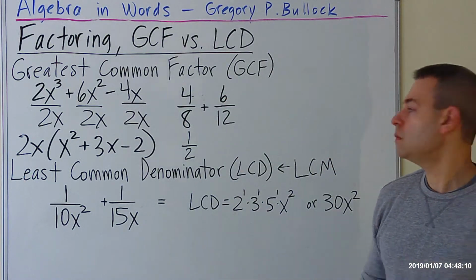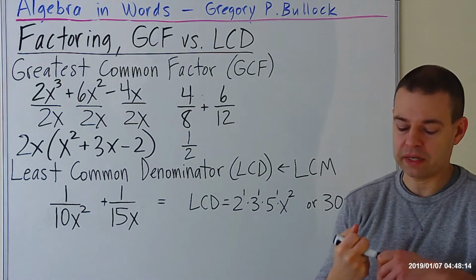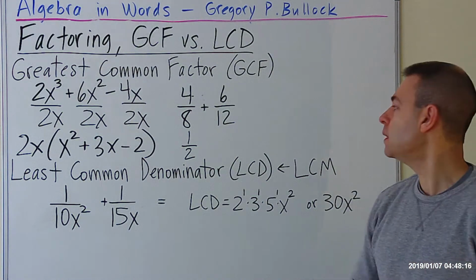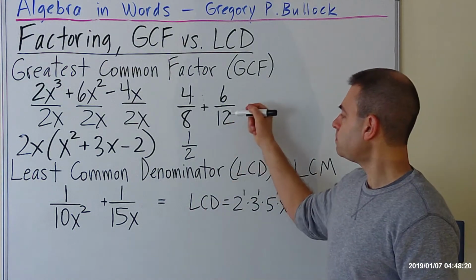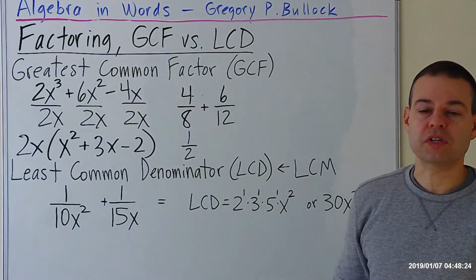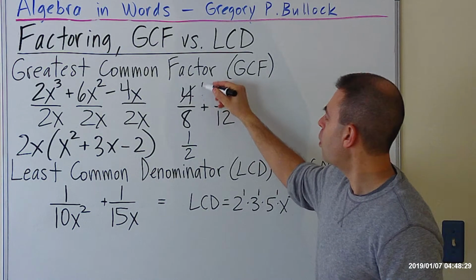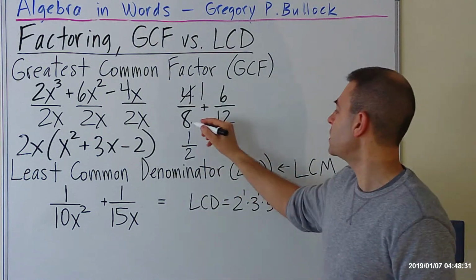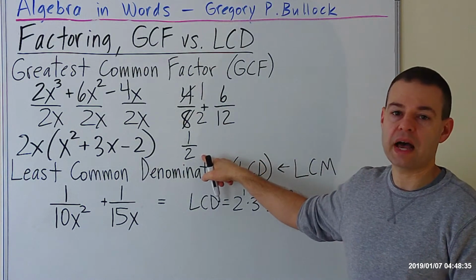Now again, are you going to show the division each time? Probably not once you get good enough at it, and you might even be good enough at it already. As you may have seen in other videos, usually if you're reducing a fraction, you might say, how many times does 4 go into 4? Once. How many times does 4 go into 8? Twice. And notice we are left with 1/2.